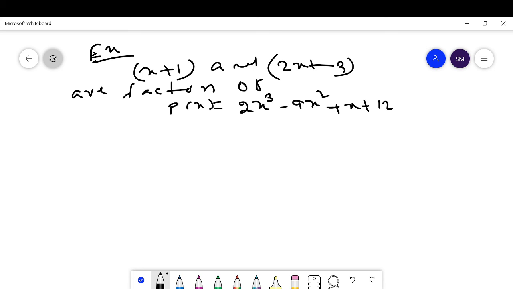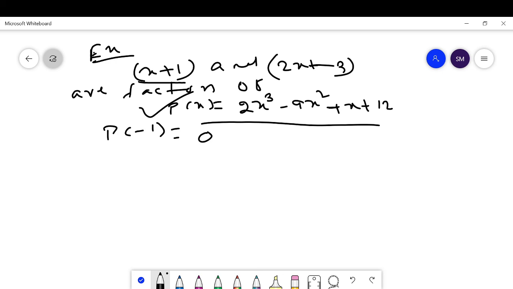Then how can we prove that x plus 1 is a factor of p(x)? We can prove that x plus 1 is a factor of p(x) only when we show p(minus 1) is equal to 0. And how can we prove that 2x minus 3 is a factor of p(x)?